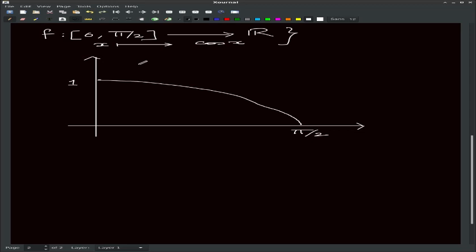But the problem is that your codomain is R, right? So if you try to draw the stock diagram of this, it is again something like this.